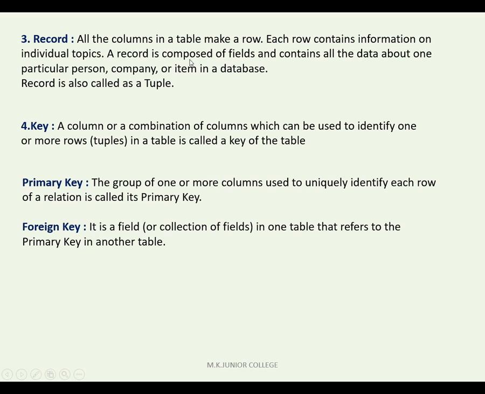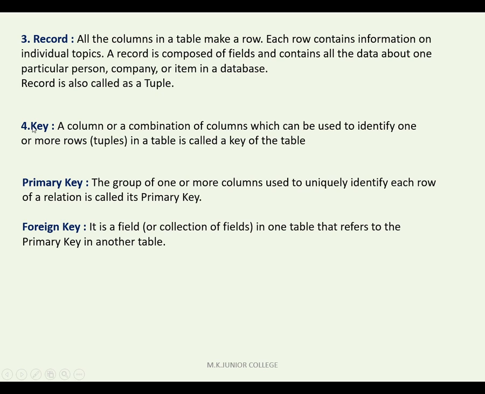A record is composed of fields and contains all data about one particular person, company or item in a database. So one single row is called a record. It is also called a tuple. The record is also called a tuple, you just have to remember this term also for the record.